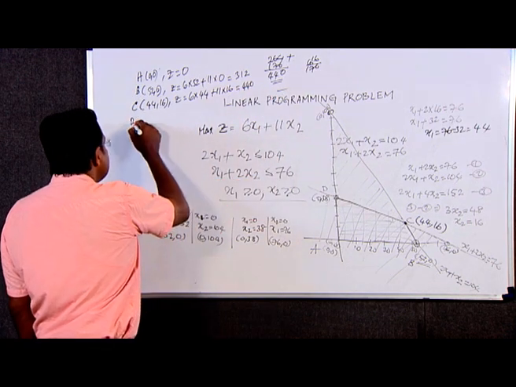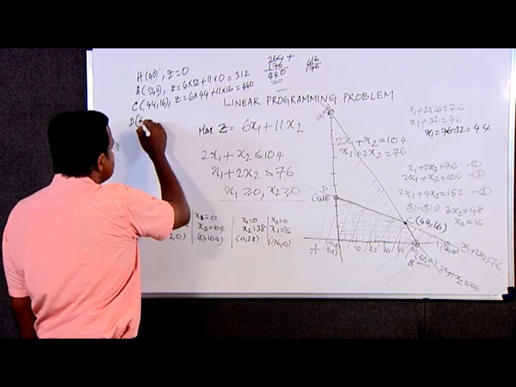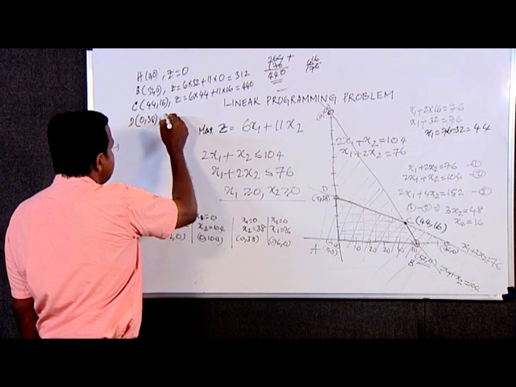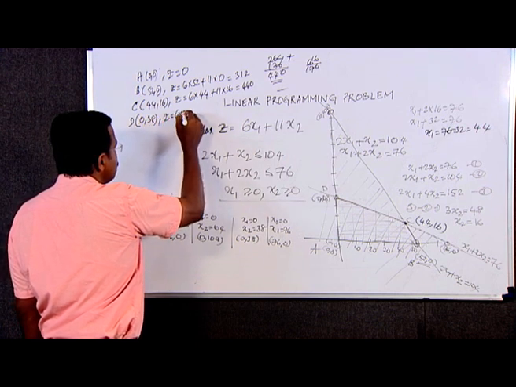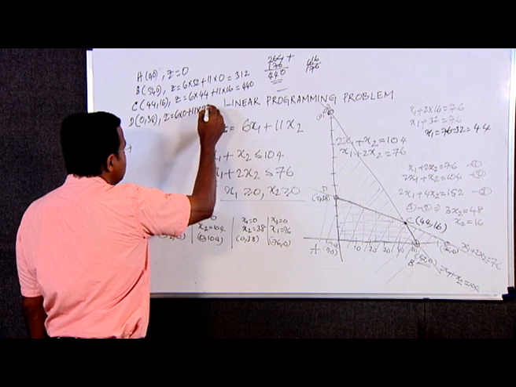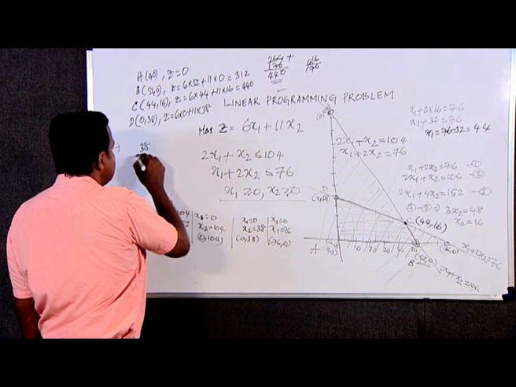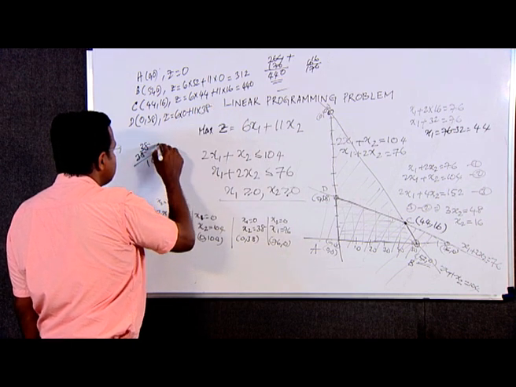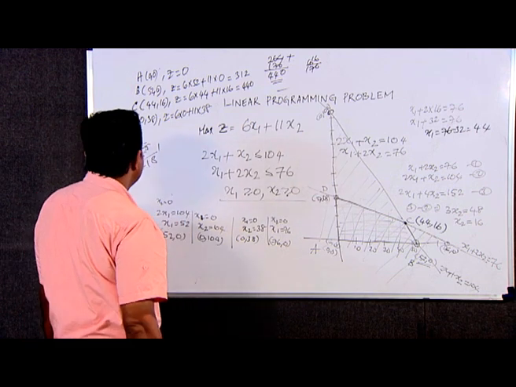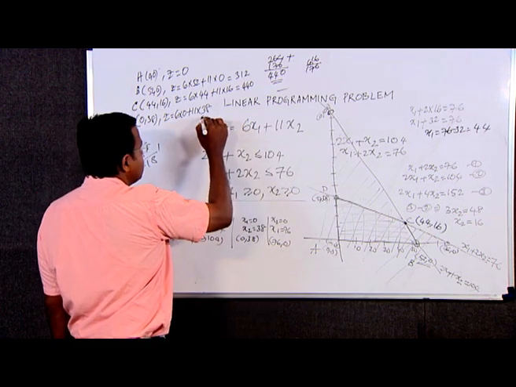And finally at D, which is 0, 38, the value of Z is 6 into 0 plus 11 into 38, so we get 418.